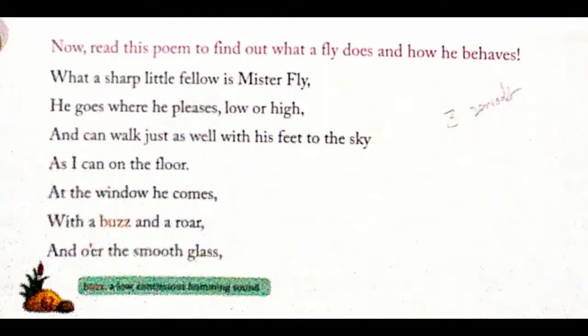Let's move ahead. And can walk just as well with his feet to the sky as I can on the floor. That means the fly can walk and fly in the air so smoothly. It seems that the fly stays in the air like that as we stay on the ground with our feet.